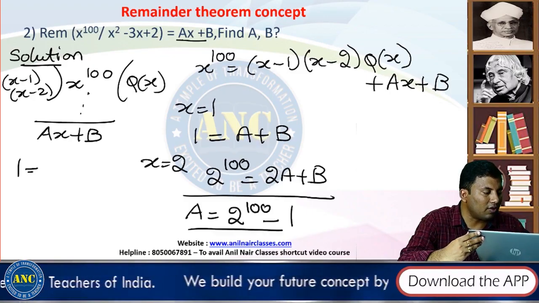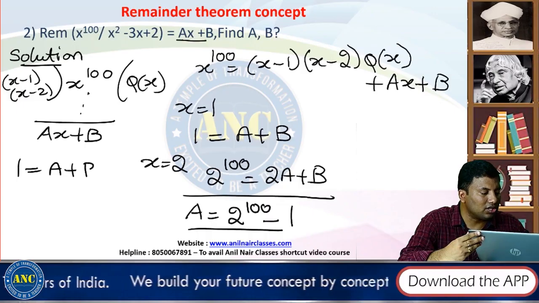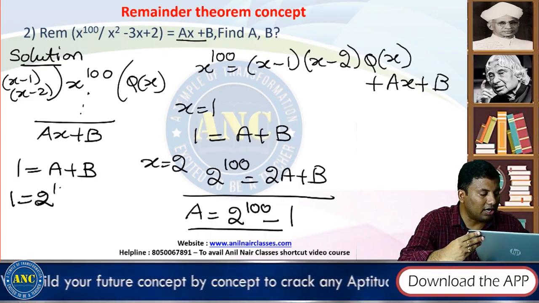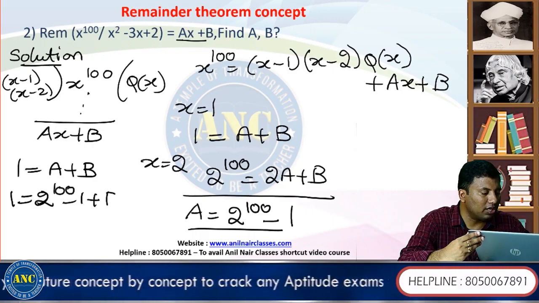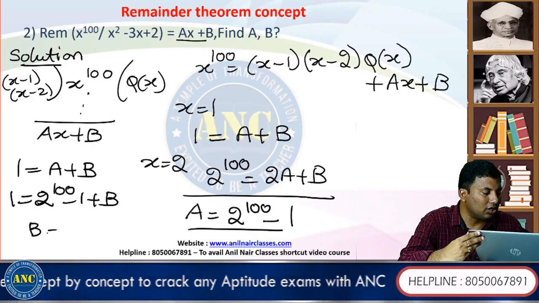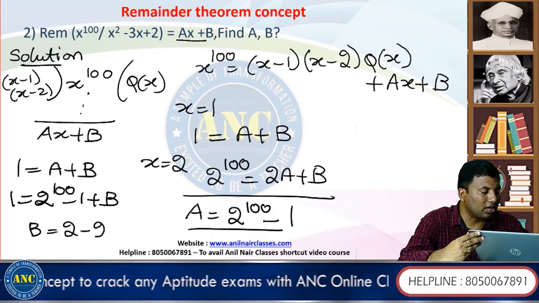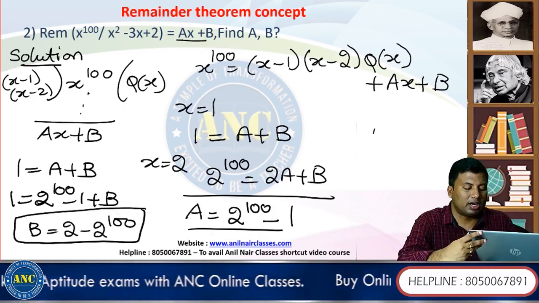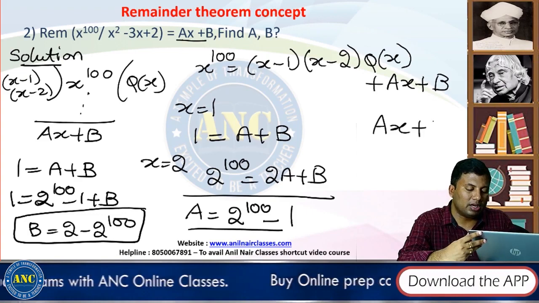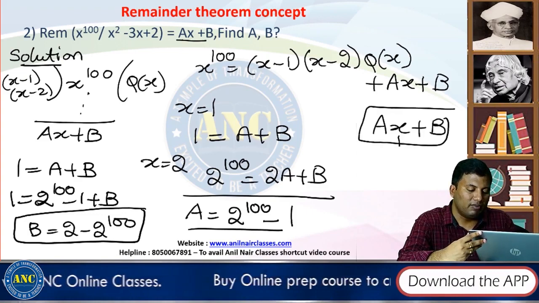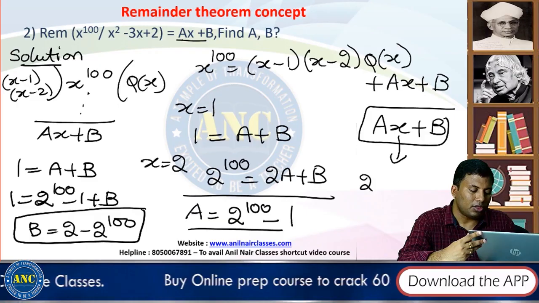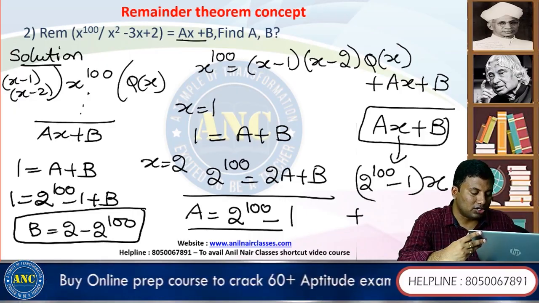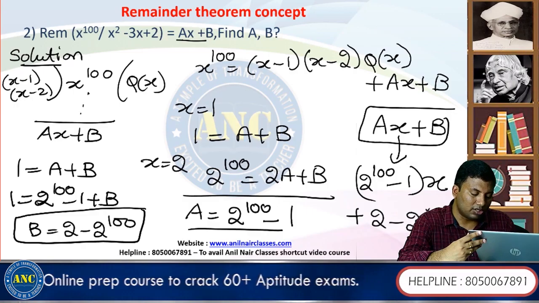So 1 equivalent to a plus b, which becomes 1 equivalent to 2 power 100 minus 1 plus b. So b is nothing but 2 minus 2 power 100. So answer is ax plus b, which is 2 power 100 minus 1 into x plus 2 minus 2 power 100.